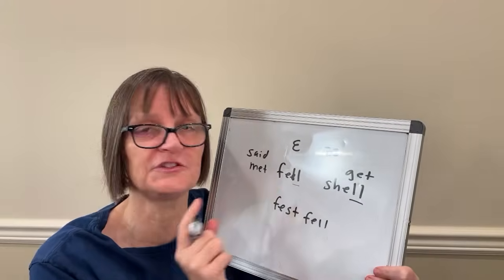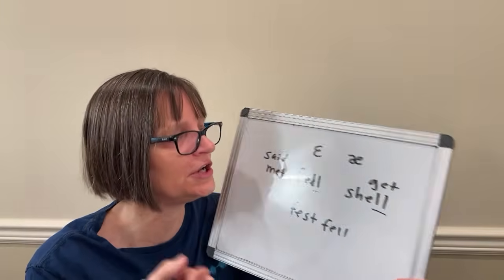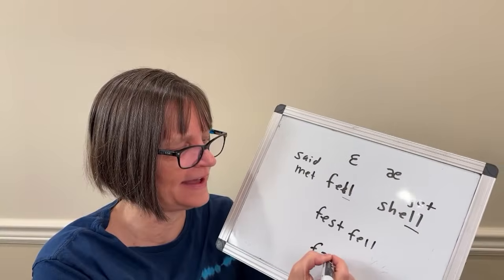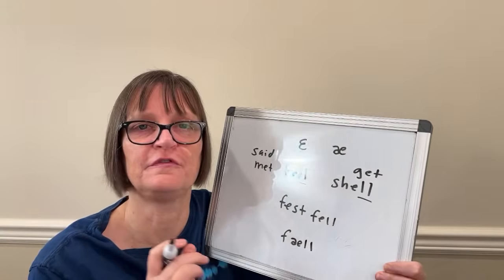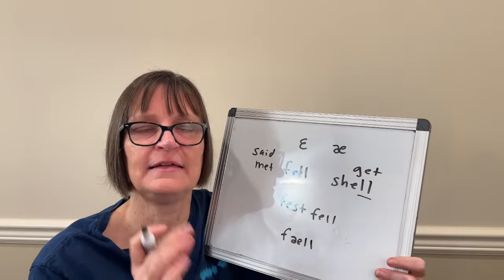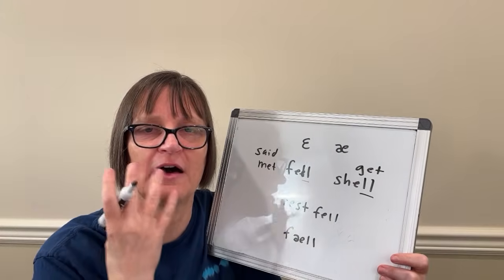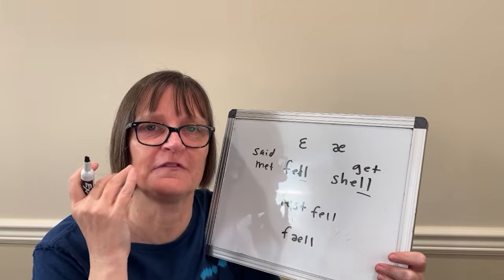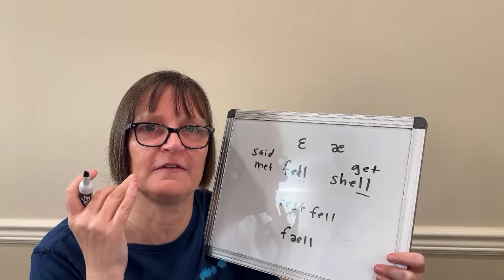And since the L is the challenge, another approach to this is doing it intentionally with the vowel. So do foul, and feel how the shape of your mouth is, foul, and then close a little bit, foul, fell, fell.